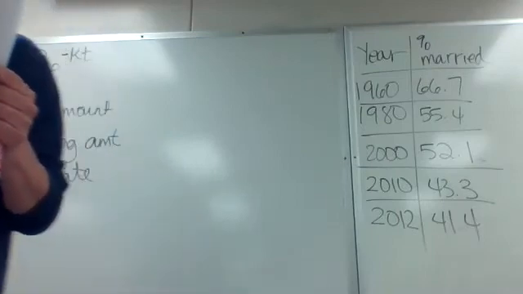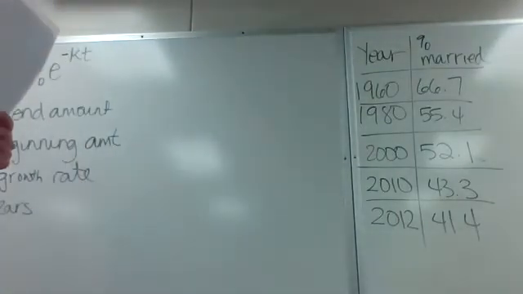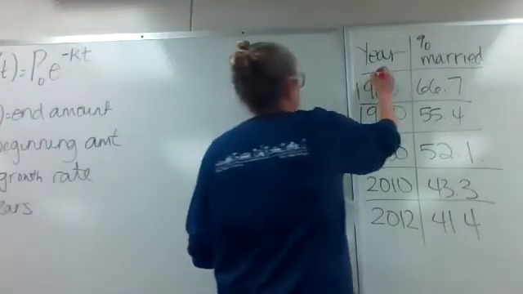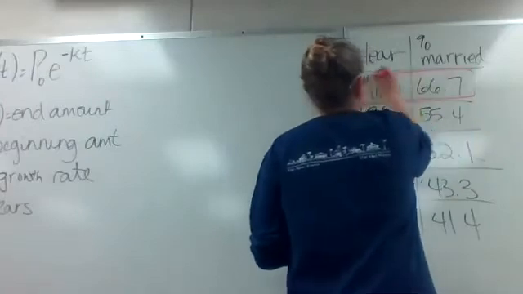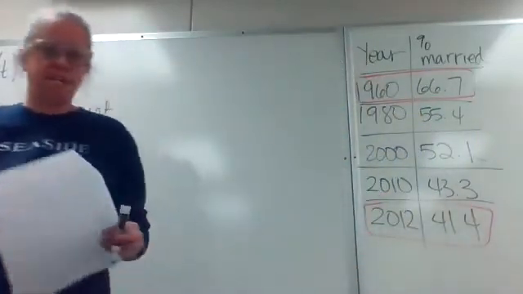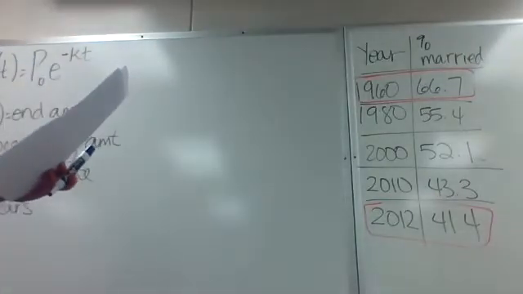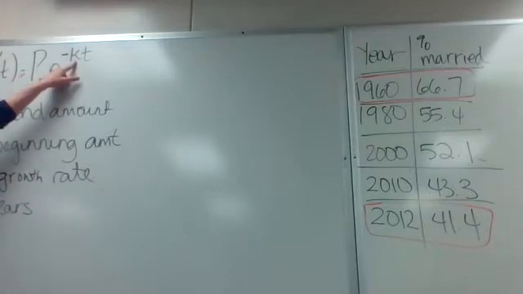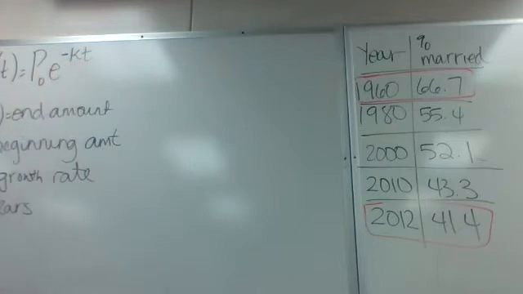So the first thing says, use the data for 1960 and 2012 to find the value of K. So there's 1960, there's 2012. So let's see, here's what I'm going to be solving for, this K. Do I know the end amount?